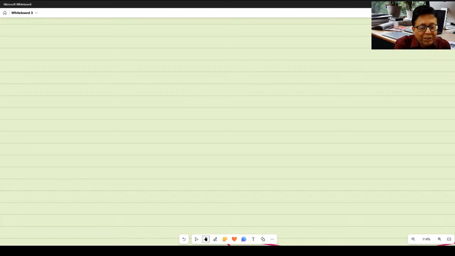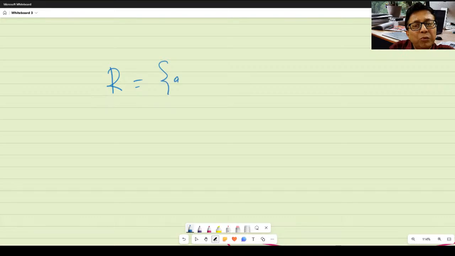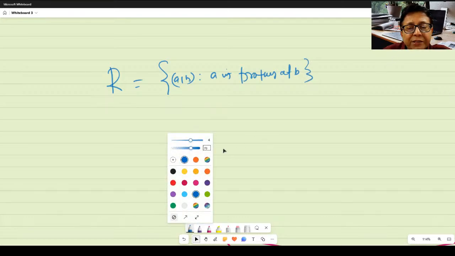R equal to what I have written? R equal to (A, B), whatever you write, A is brother of B. Is this reflexive, symmetric or transitive?